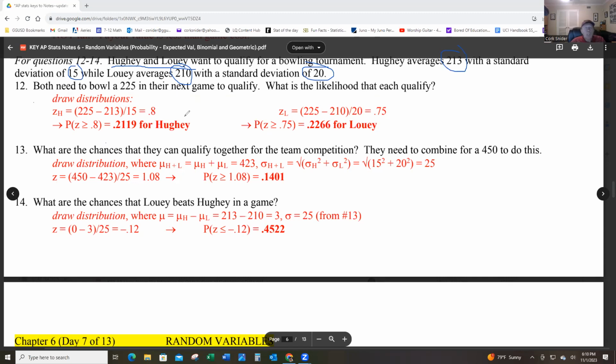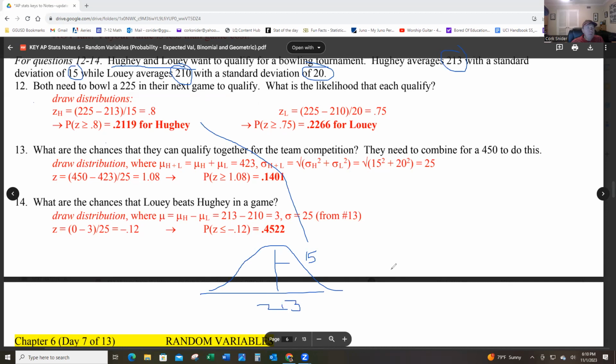For both of them, you're going to draw that normal curve. Let me draw that down here. For Huey, for H, his average is 213, and his standard deviation is 15.